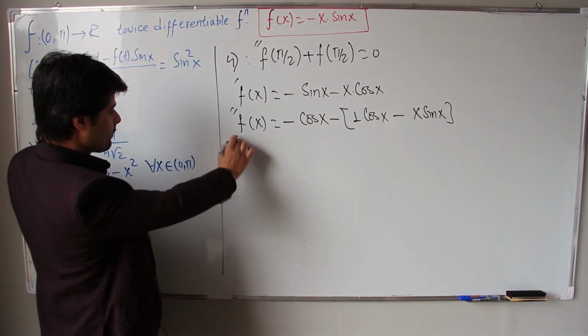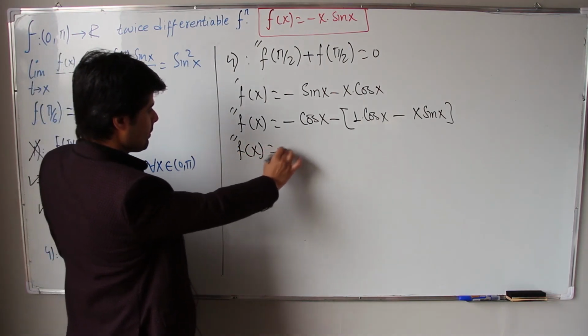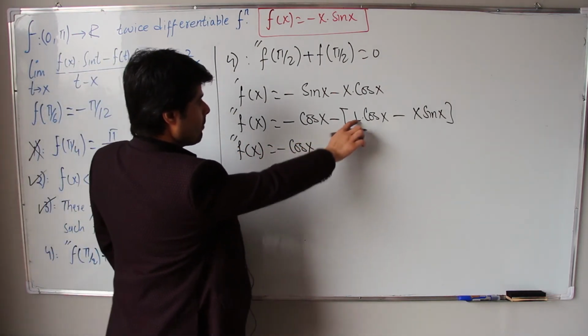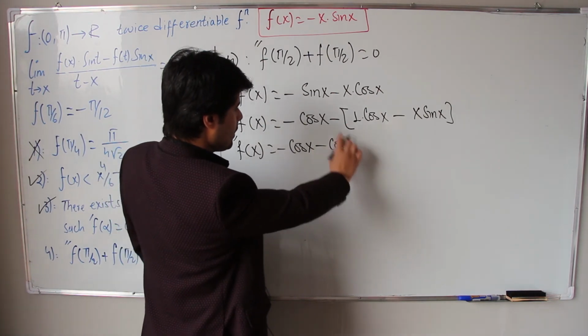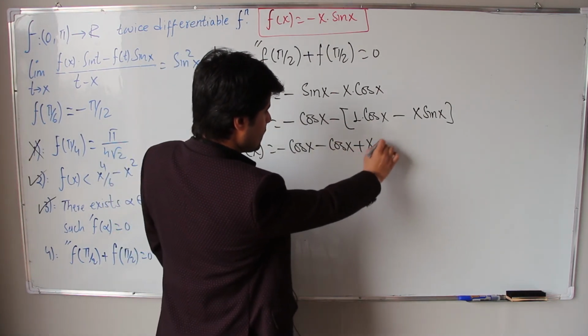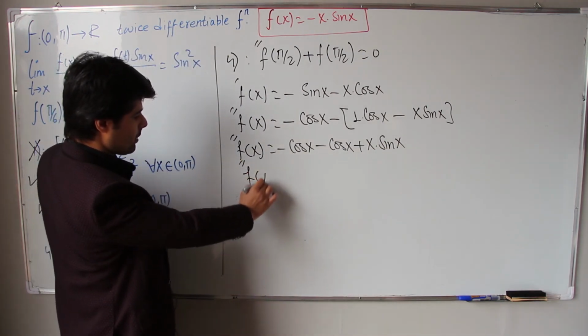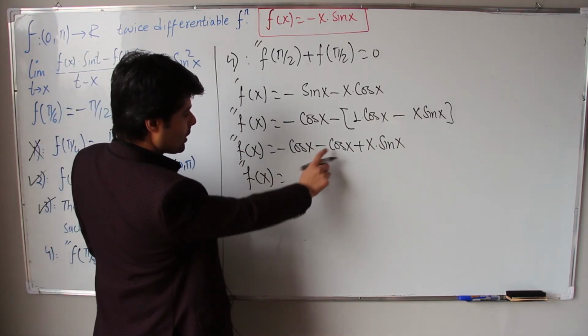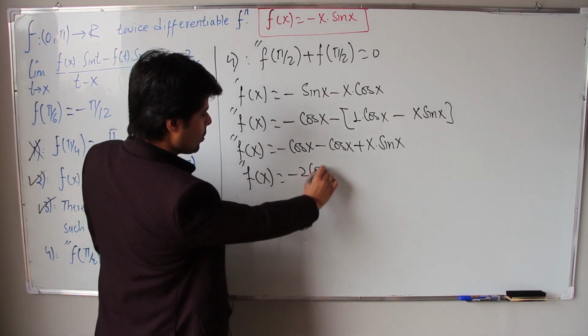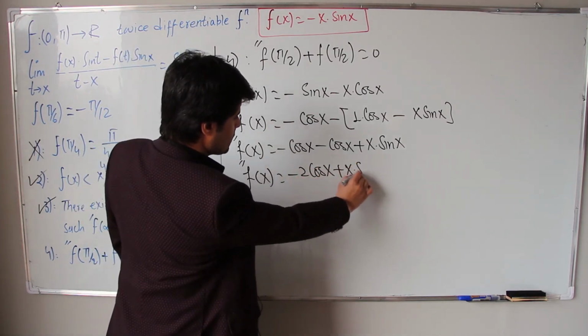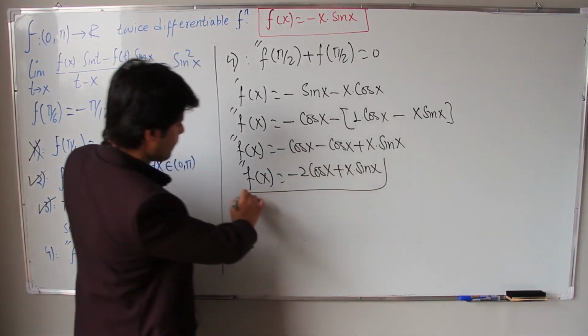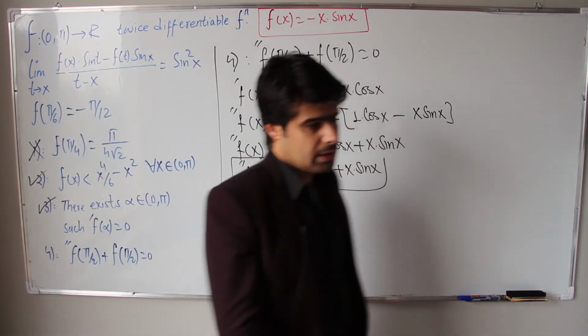Now we have f second prime of x is minus cosine x and minus minus plus x sine x. We have f second prime of x is minus 2 cosine x plus x sine x. Am I right or not?